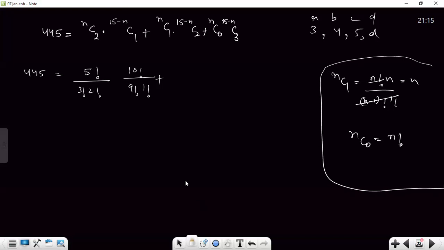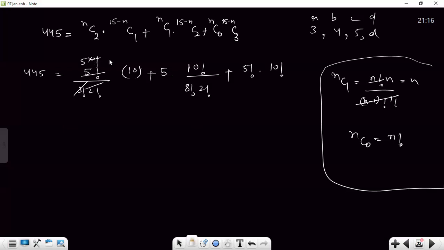So (15 minus n) is 10, plus nC1 is n, which we are considering as 5 in this case, into (15 minus n)C2, that is 10 factorial upon 8 factorial, 2 factorial. Plus nC0 into (15 minus n)C3. The 3 cancels this by 5 into 4, and 2 cancels this by 2.